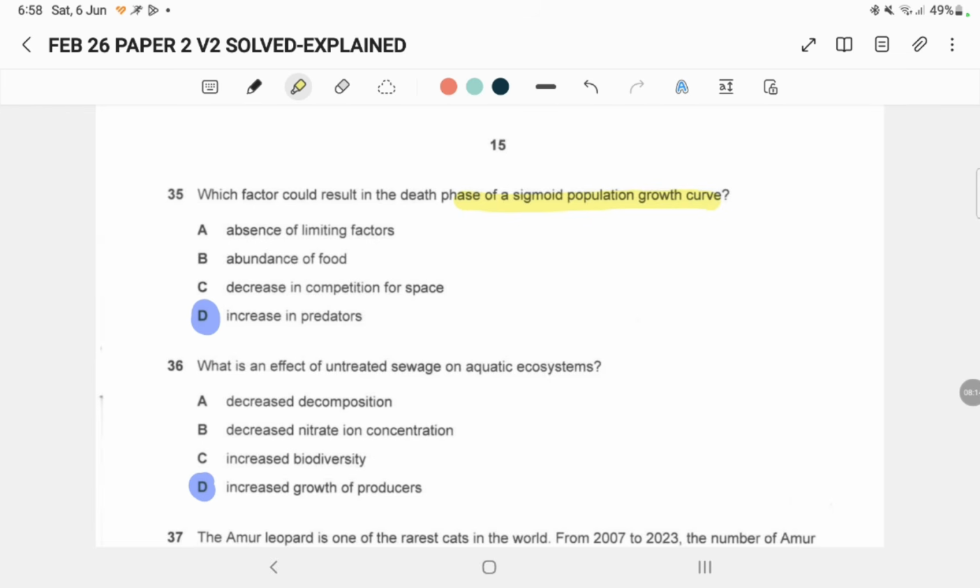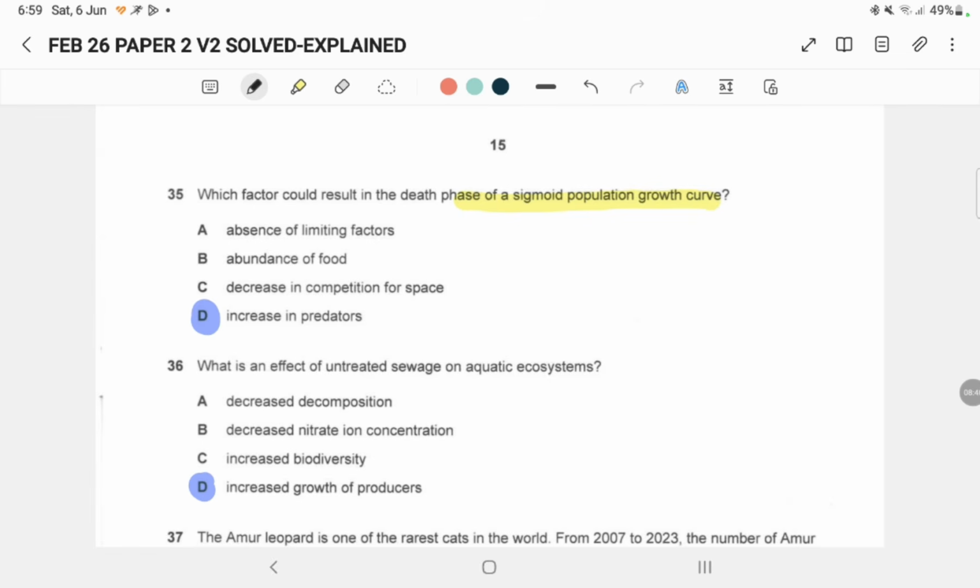But if I'm increasing predators, like placing more lions, more tigers, more cheetahs everywhere, all of the zebras, the buffaloes, all of the mammals will be dead very easily. This will cause the death phase to arise.